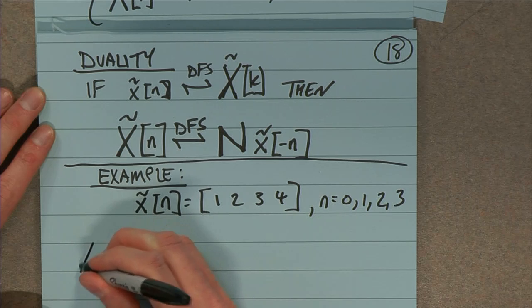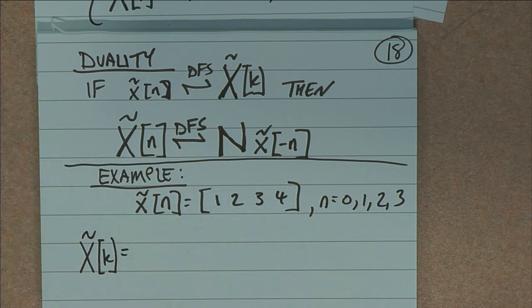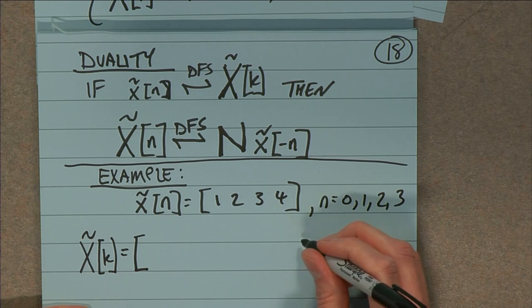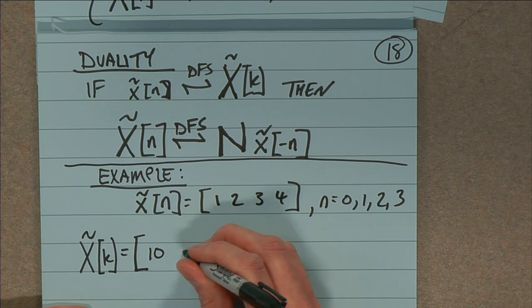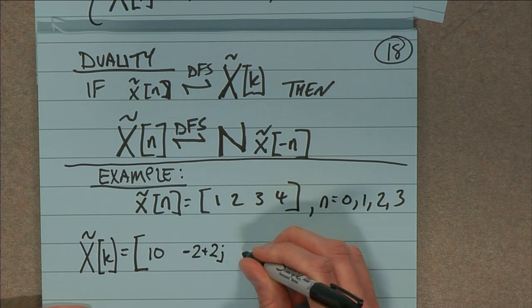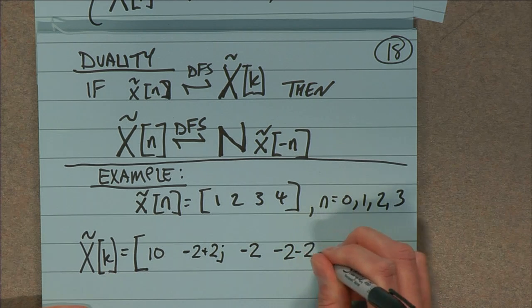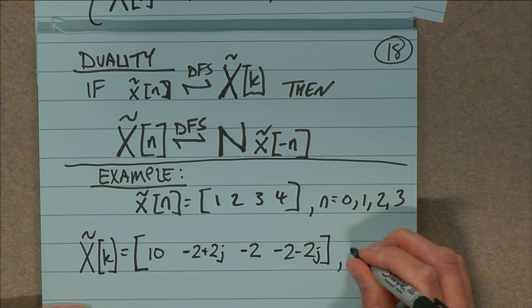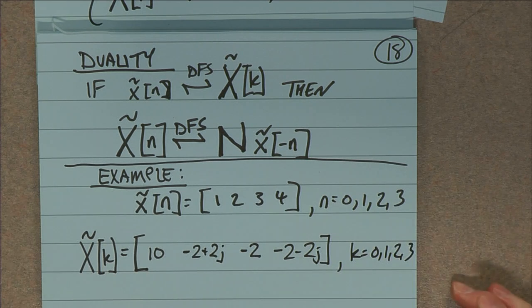So if we get the discrete Fourier series for that, it's also going to be infinitely extended in both directions, and I'll give you the principal period for that one. And this is for k equal to 0, 1, 2, and 3.